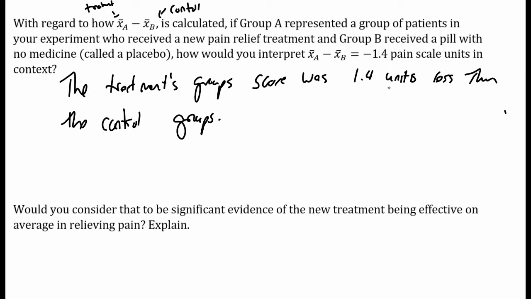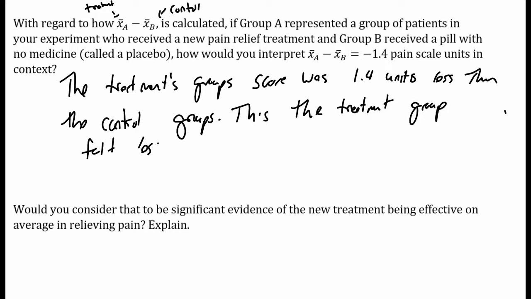And this is actually good that the treatment group is less than. This means the treatment group felt less pain. Because that score is negative, that means that Group A actually felt less pain.